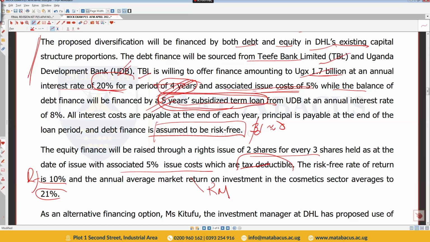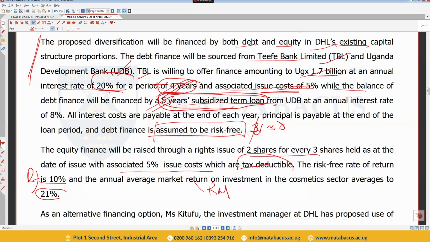Whereas the question is trying to bring the tax deductible issue on the equity raised, but one could have also taken it to mean that actually all issue costs here were tax deductible. If I don't include that, I would stop there. But if they are saying issue costs are tax deductible, it means that we are going to get a tax relief on that issue cost.